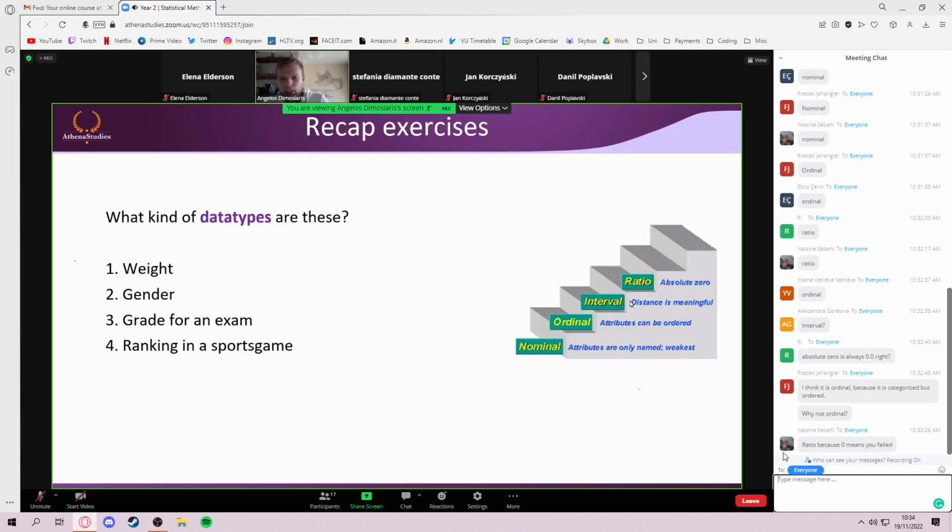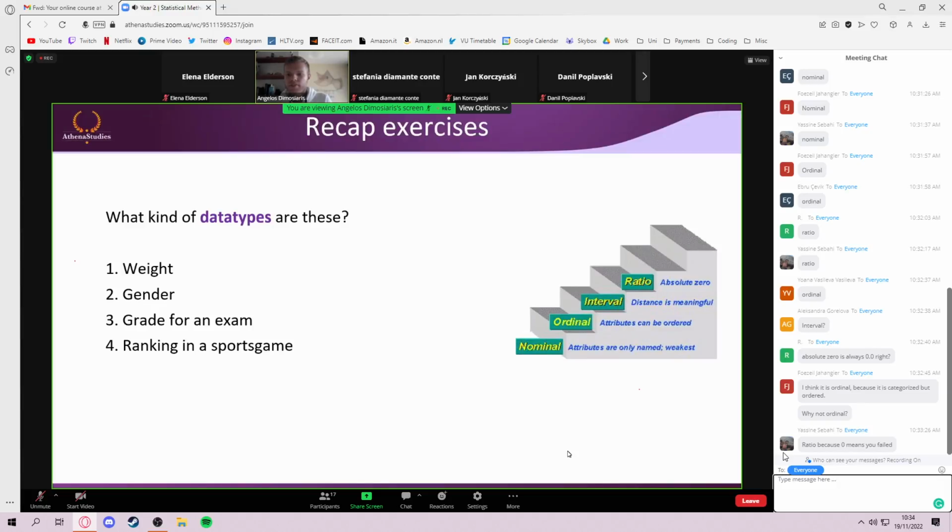So that means that the measurement levels carry on the attributes of the previous ones. So even though ordinal variables describe attributes that can be ordered, it's the same for interval, and it's also the same for ratio. This characteristic of the ordinal variables continues on the measurement levels that are above them.